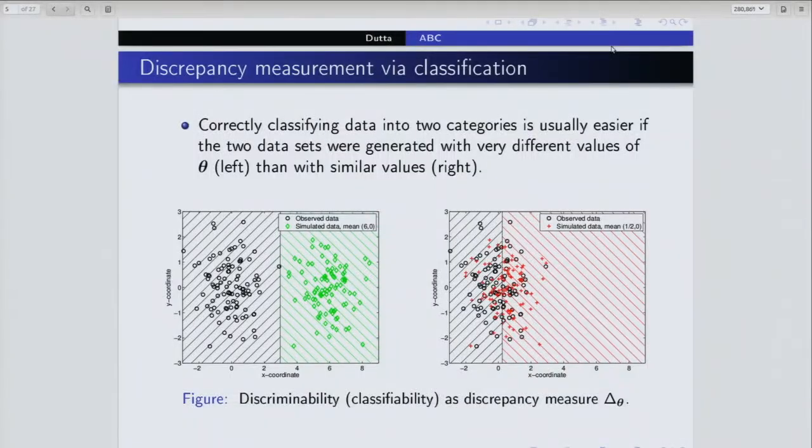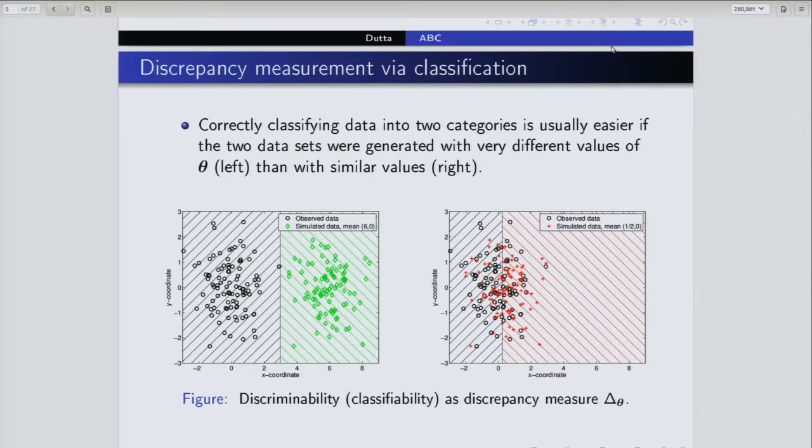In this case, as I was explaining, the classification of these two classes is very easy, because they're far apart. But in this case, classifying them, I think you can do it, but it's not obvious, and you will make a lot of classification errors.